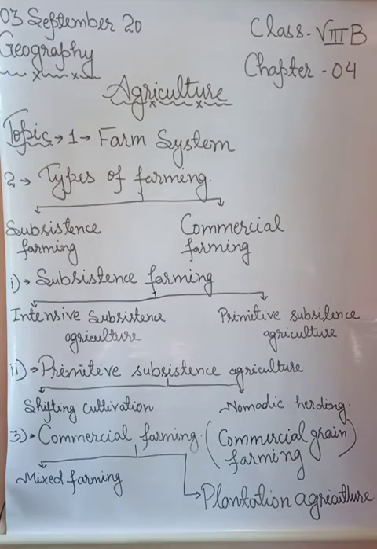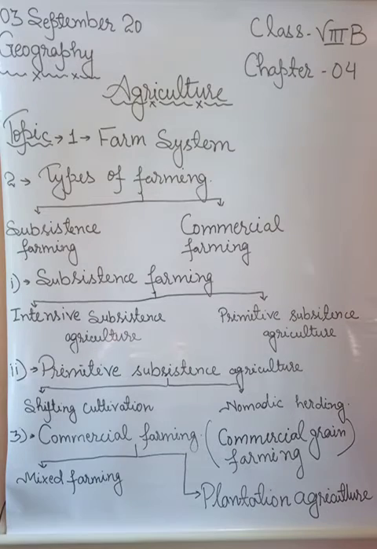Students, one important point you have to remember here is that intensive subsistence agriculture is mostly done by the people in the thickly, or very densely, populated areas of the monsoon regions of South, Southeast and East Asia. Alright.